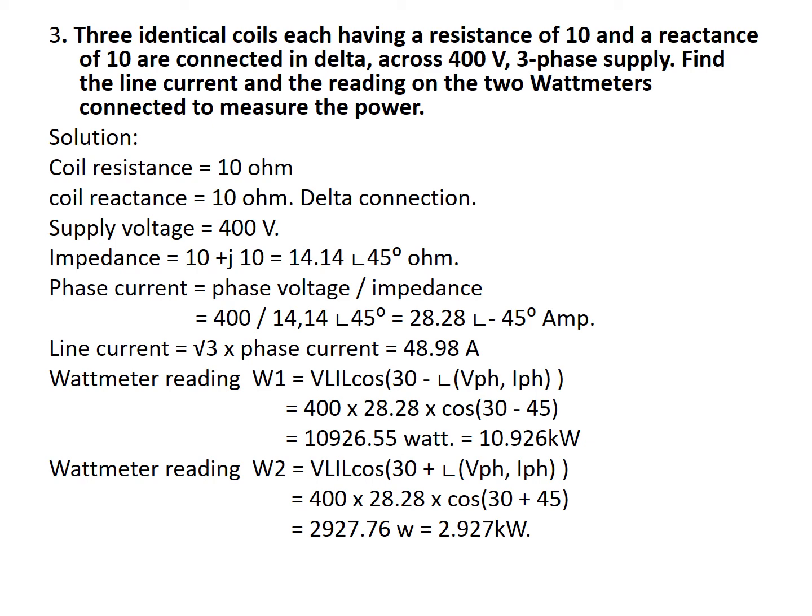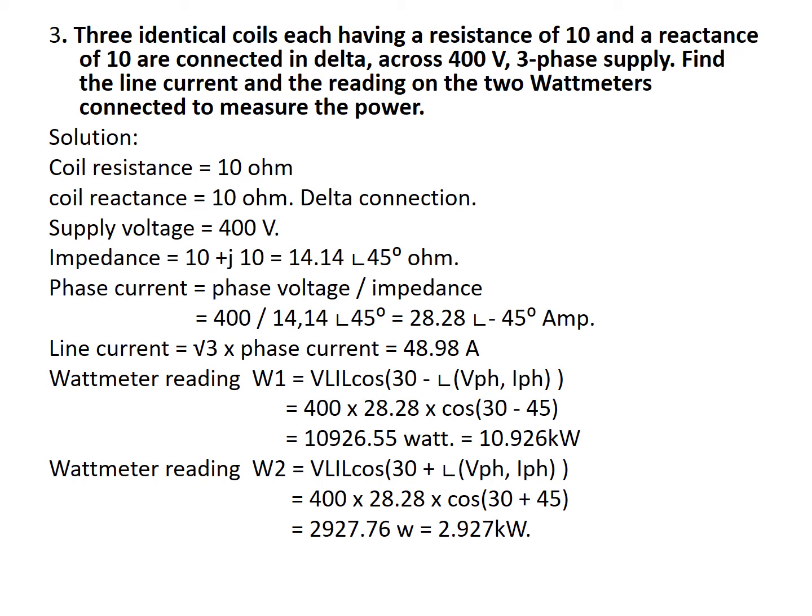Phase current is voltage divided by impedance. It is not phase voltage, it is the 400 line voltage. Line voltage divided by impedance gives the phase current, and the line current is root 3 times the phase current, 48.98 ampere.